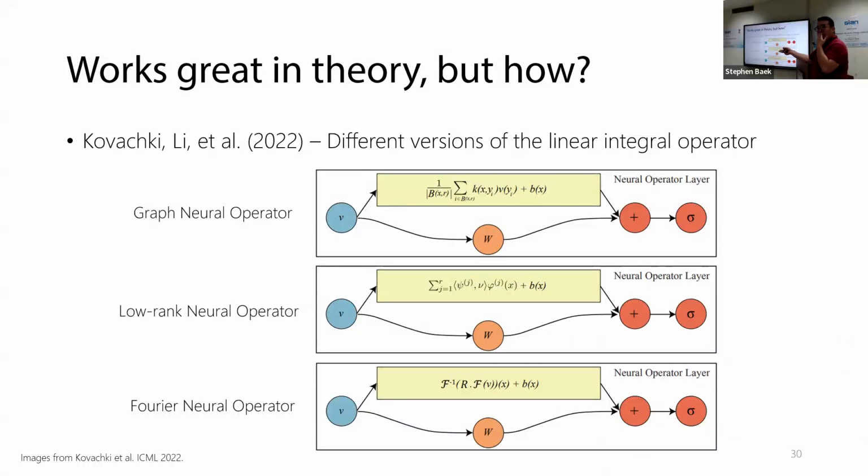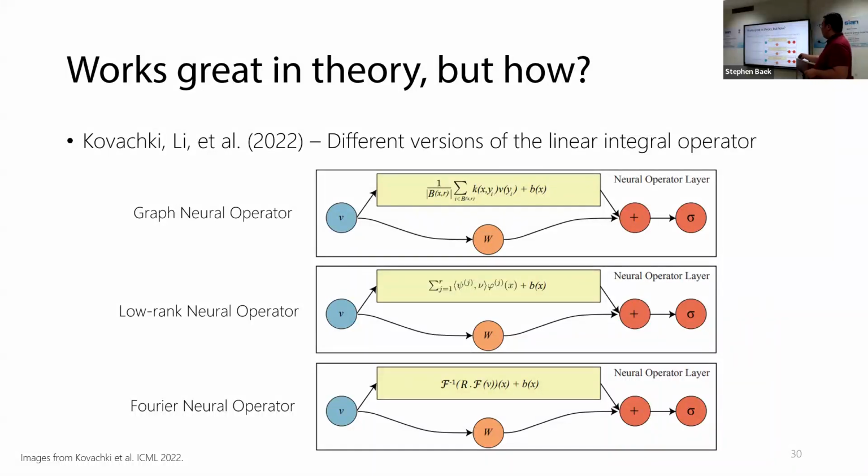Again, similar to finite element analysis, right? You divide a large complex physical system into smaller elements, and then once you determine the values at each element, at the end you just add them up to compute the integral. So the graph neural operator is basically that idea applied to neural operators.